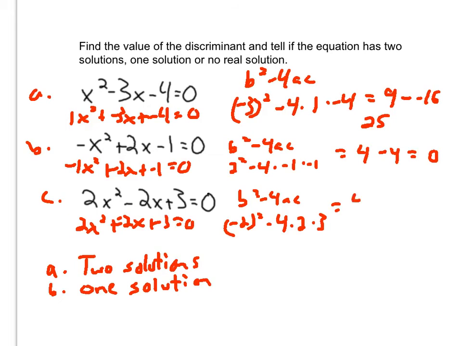Negative 2 squared is 4, minus 4 times 2 is 8, times 3 is 24. And so that equals negative 20. And since I can't have a real solution, okay, when we have the square root of a negative number, then the answer is no real solution. Just an imaginary solution.